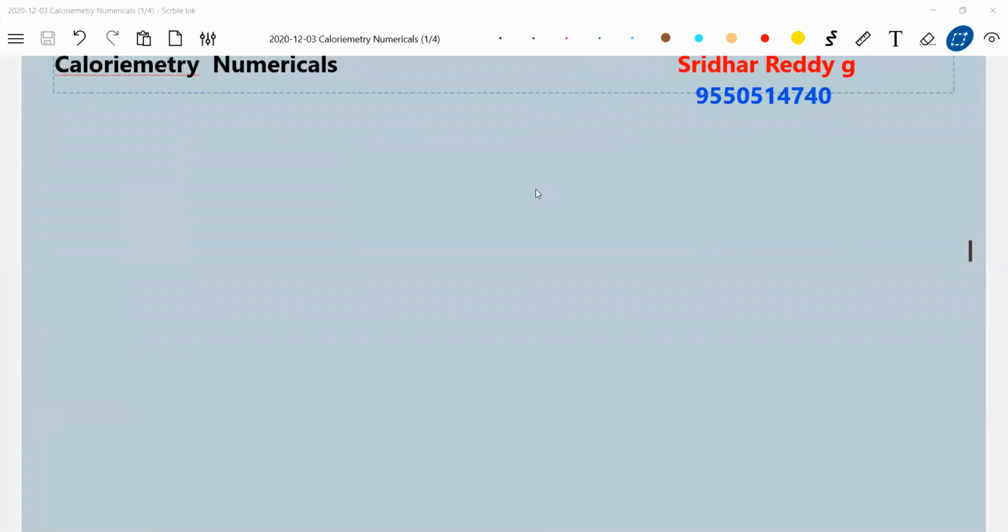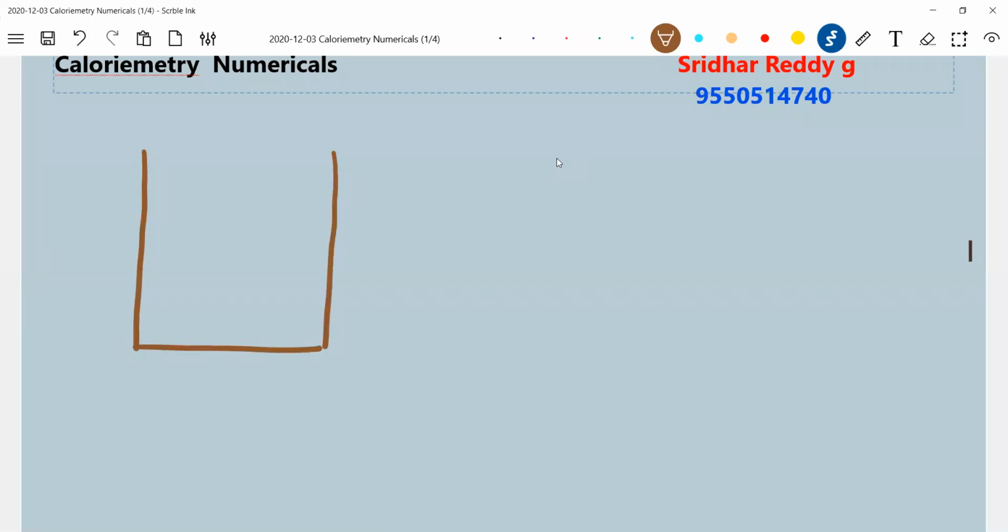Okay, our topic is calorimetry, numericals based on calorimetry. So let me start with, suppose you have a container. Water equivalent of calorimeter, I'll write 2 gram.